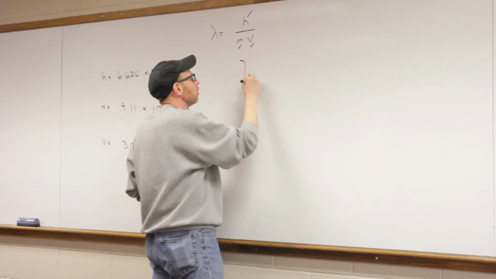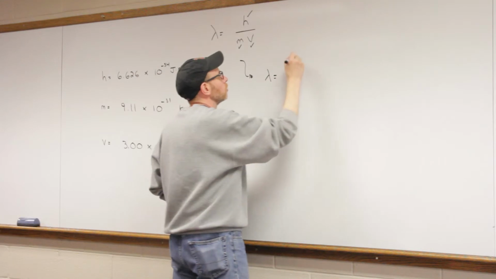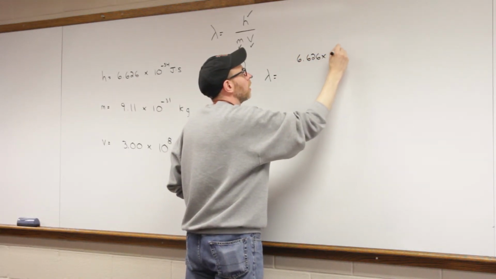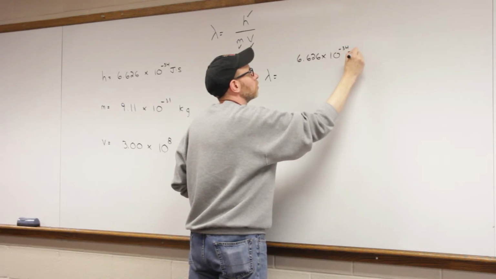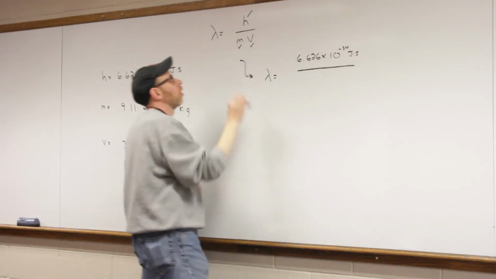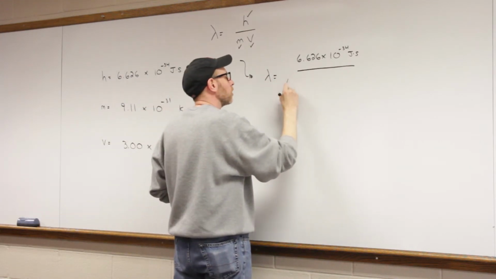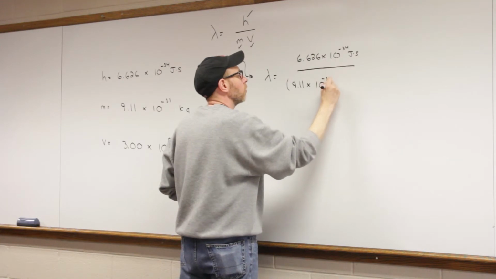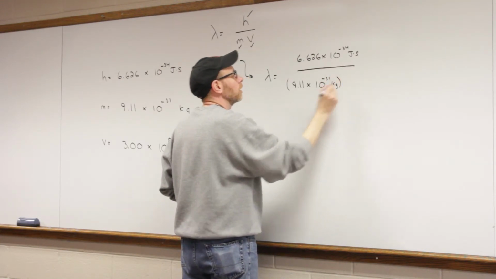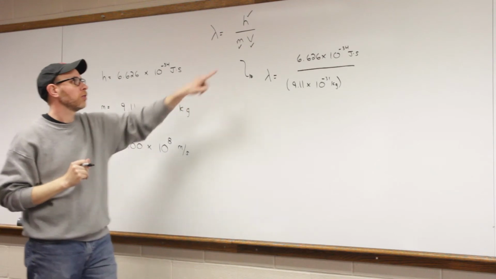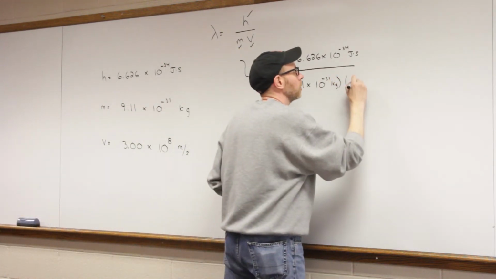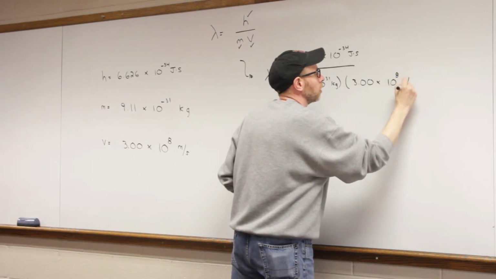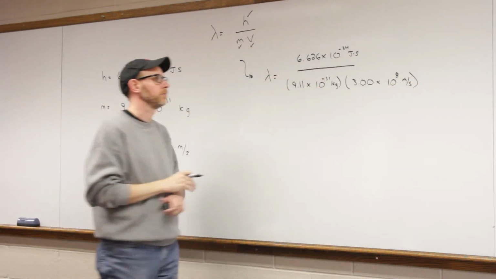So our wavelength is equal to Planck's constant, 6.626 times 10 to the minus 34th joule seconds, all over the mass, which is 9.11 times 10 to the minus 31st kilograms, times the velocity, which is 3 times 10 to the 8th meters per second.